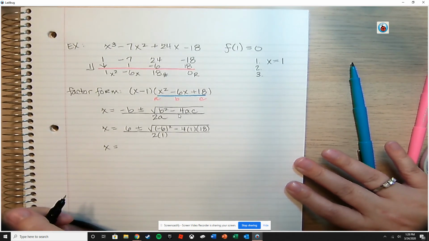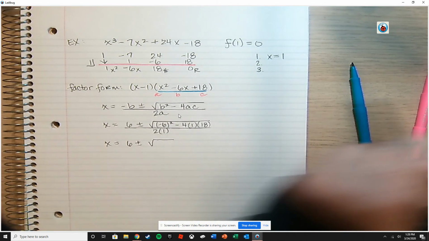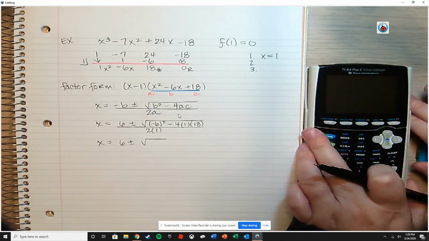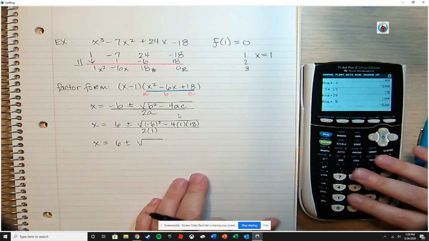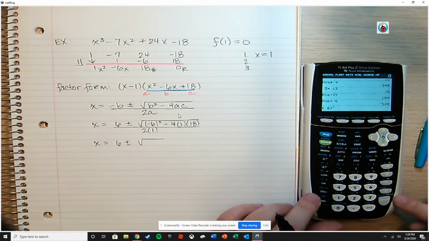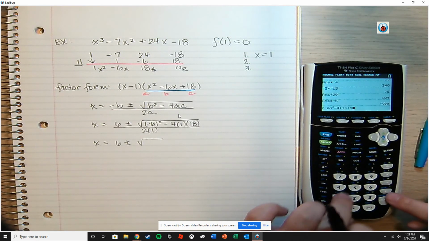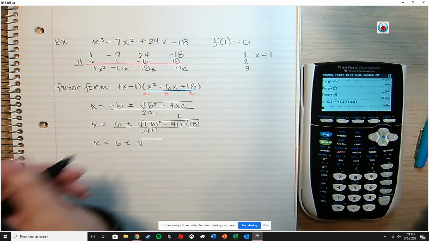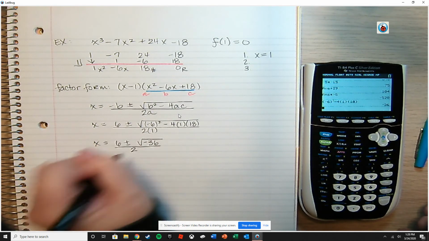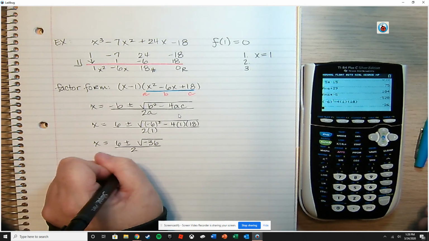So x equals 6 plus or minus the square root of parentheses -6 squared minus 4 times 1 times 18, so -36, all over 2.